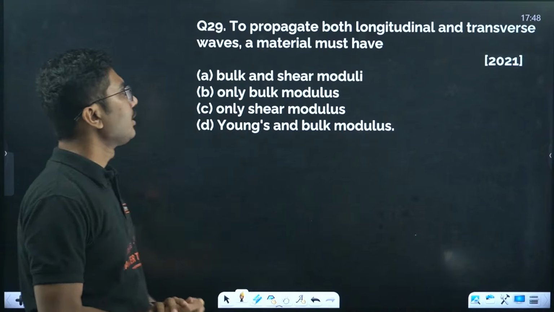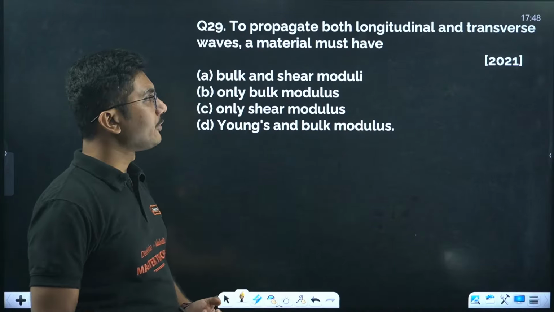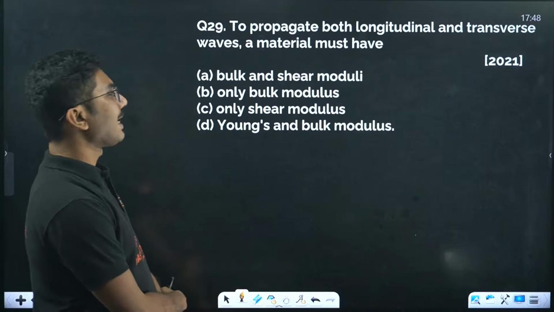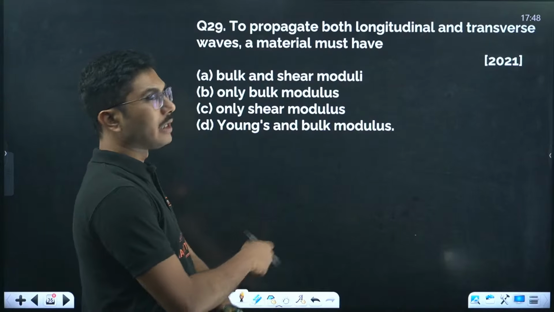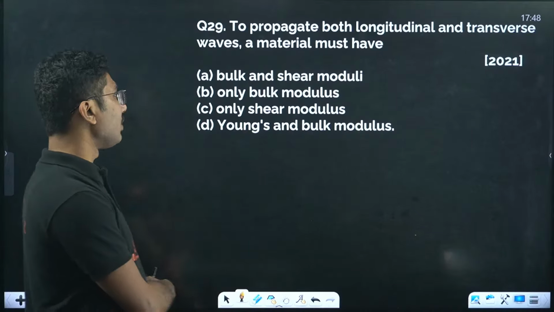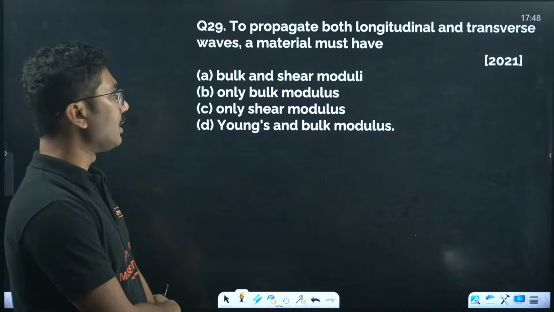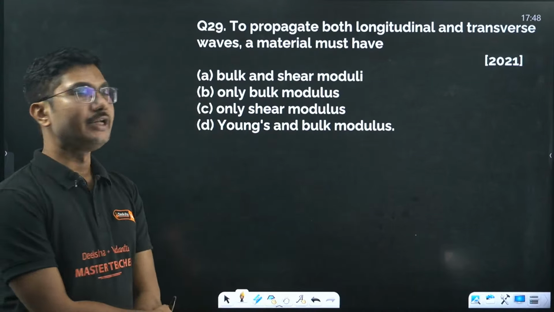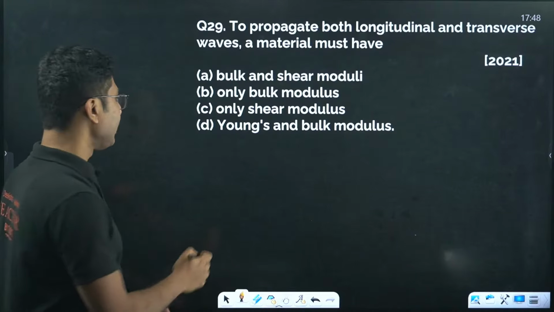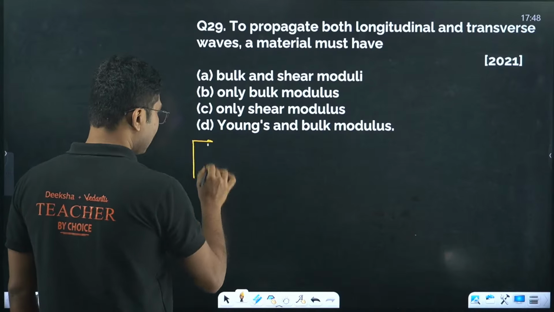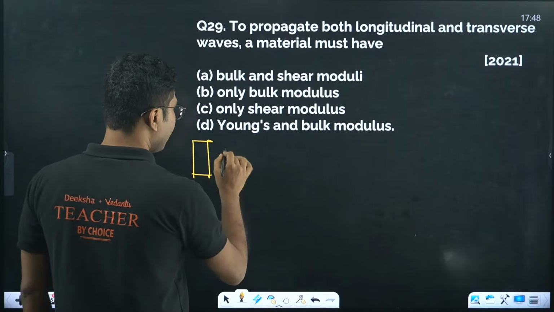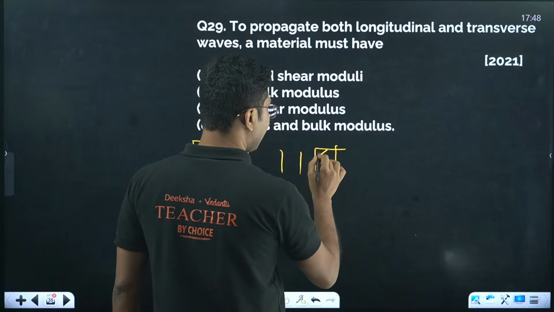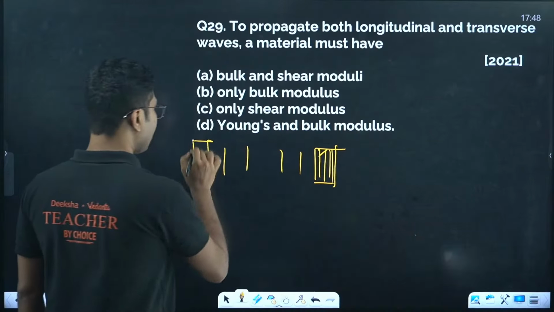Now next question. To propagate both longitudinal and transverse waves, a material must have: bulk and shear moduli, only bulk modulus, only shear modulus, or Young's and bulk modulus. So what do you need for longitudinal? Longitudinal means that in some region it will be compressing and in some region expanding, and compressing and expanding happens through compressing the volume.